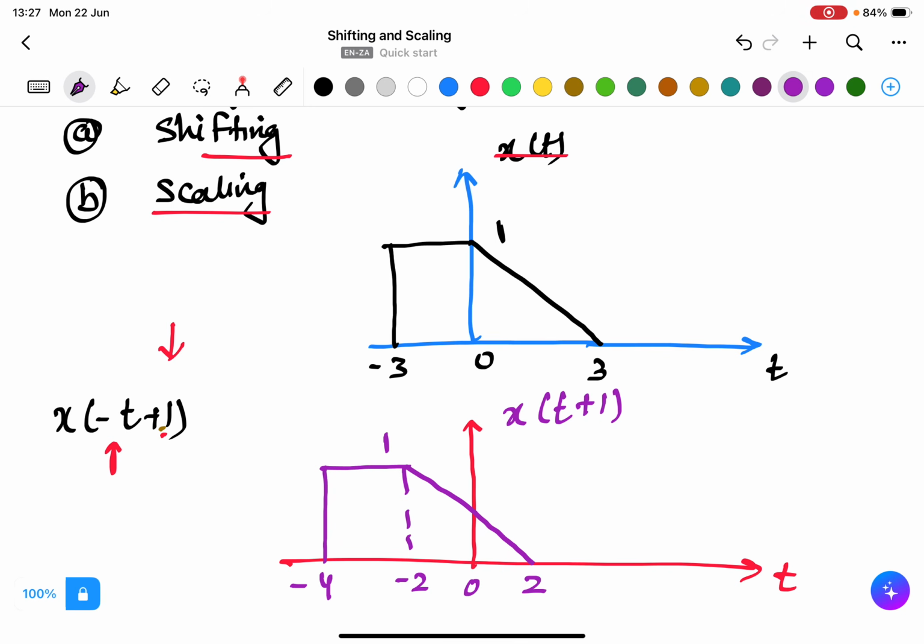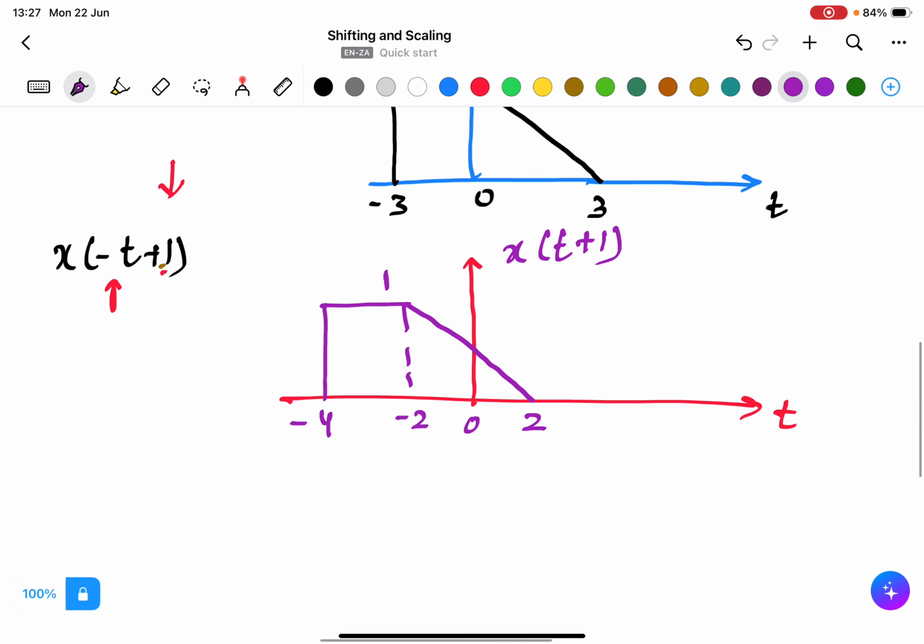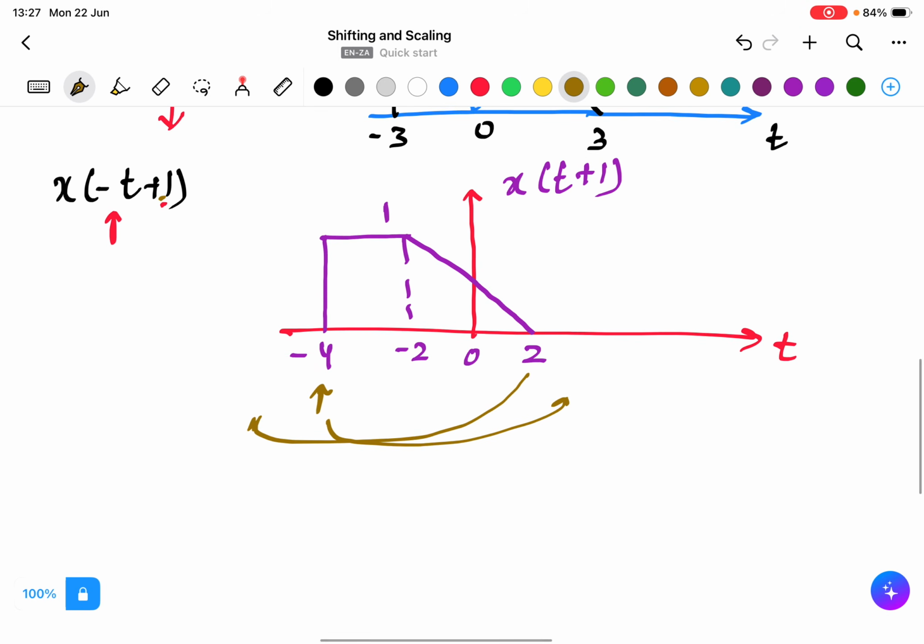So this is your x of t plus 1. And now you have a shifted version of it. You can now bring in minus t. Minus t means you will reverse the signal. So whatever you have at -4 will move to this side, and whatever you have on the positive side will move to this side.